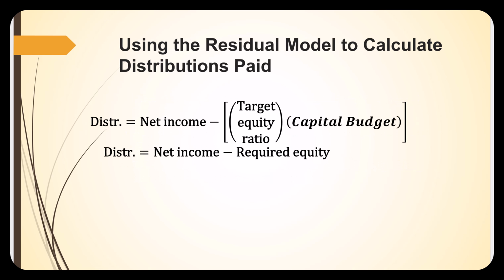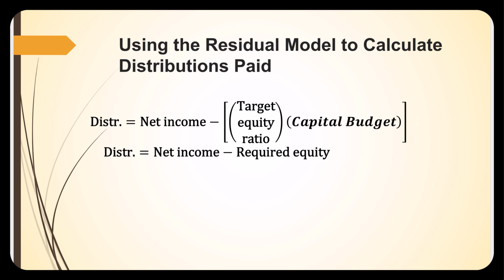So how it typically works is we take the net income of the company and we subtract out the equity we need from that. So we determine what our distribution is. Well, how much equity do we need? We take the target equity ratio, right? What is the relationship of debt to equity?